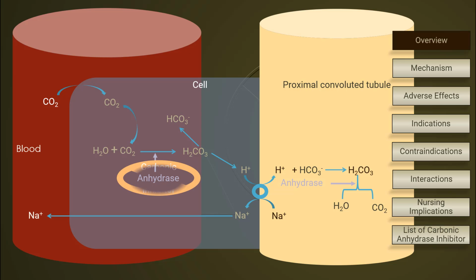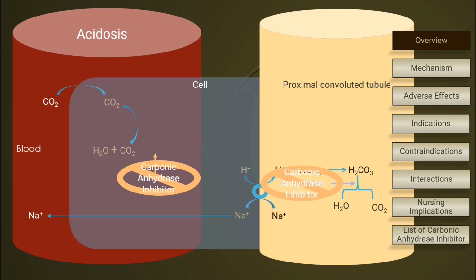Carbonic anhydrase inhibitors stop conversion of carbon dioxide into bicarbonate intracellularly. Decreased bicarbonate in the blood leads to hyperchloremic metabolic acidosis. At the apical membrane of proximal tubular epithelium, a carbonic anhydrase inhibitor does two things. First of all, it stops the conversion of bicarbonate into carbon dioxide.